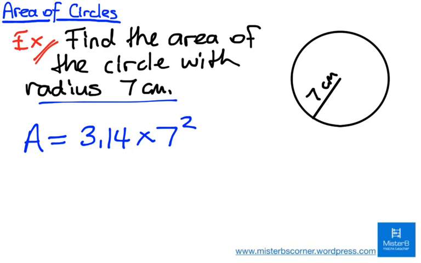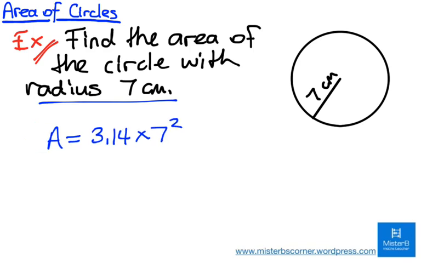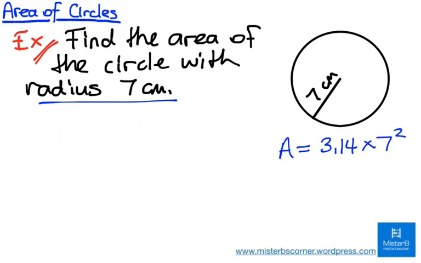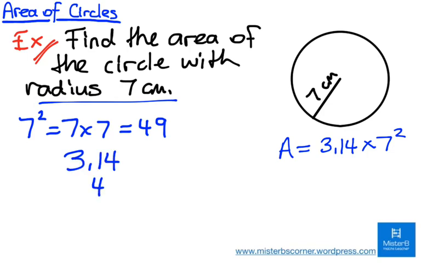Now let me show you how you're going to do this multiplication with pi. Let's have our calculation stay here, right? And now, first of all, I know that 7 squared is 7 times 7, which is 49. So basically, what I need to do is to multiply 3.14 with 49.